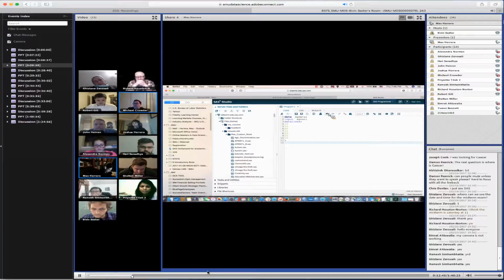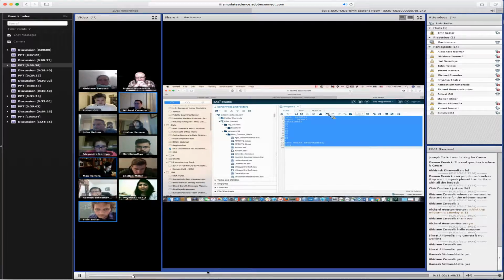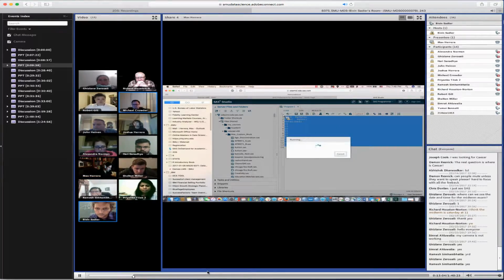And if I go proc means on data equals my data, and then I think I just run and see what happens here. Sounds good. Whatever. Then we could just change the values to adjust it.